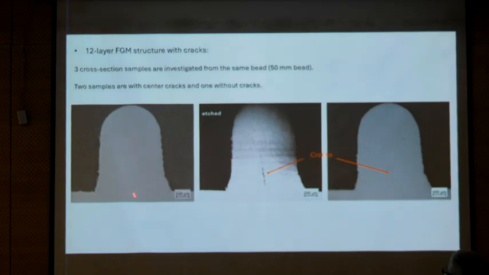Sometimes we are successful, this is a 12 layer structure, in some cases we get cracks. Why we do not get cracks and why we get cracks here is something that we are not sure, but trying to understand. That is part of research. You cannot say, oh, I got this now, well done, I will move on.